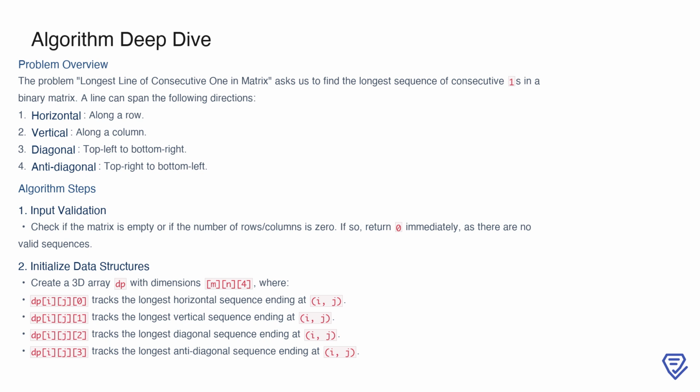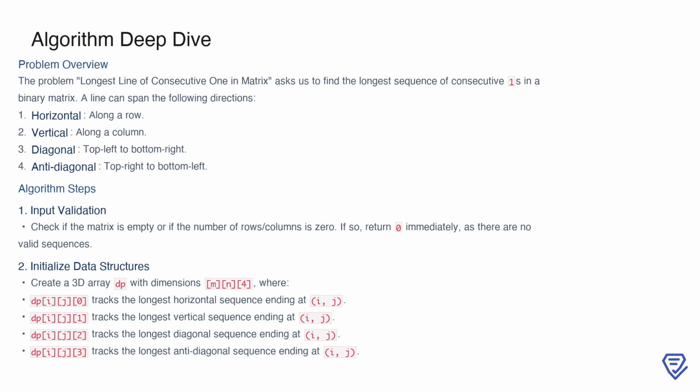To solve this, we start by validating the input. If the matrix is empty or has no rows or columns, we simply return 0 since no lines can exist. Next, we initialize our primary data structure, a 3D dynamic programming array called DP. This array helps us track the longest sequence of ones ending at each cell for each of the four directions.